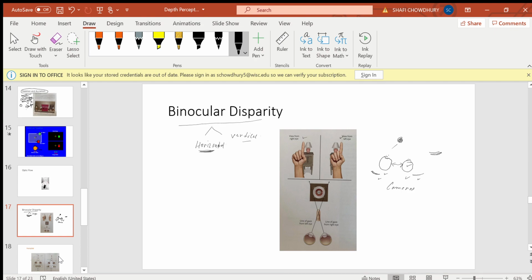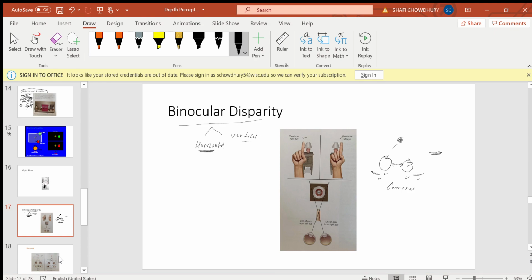They are placed away from each other horizontally, and that's why when you see the object with your right eye and then left eye alternately, you see the object in slightly different locations horizontally.